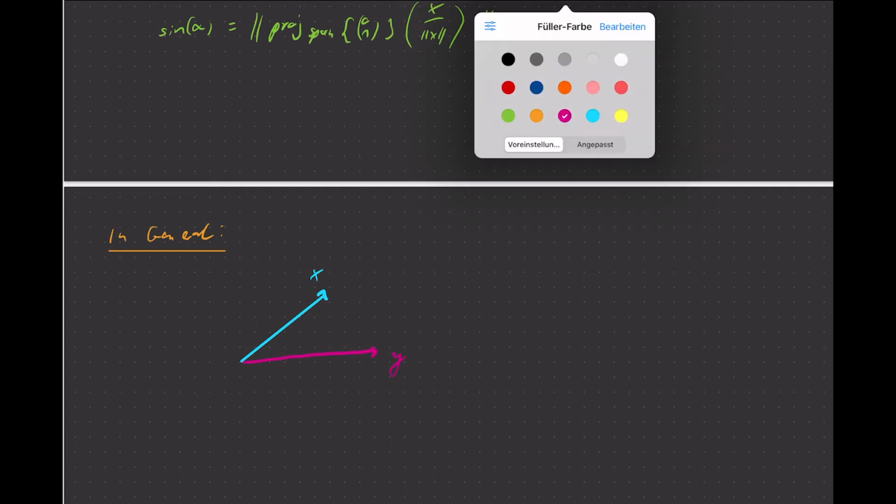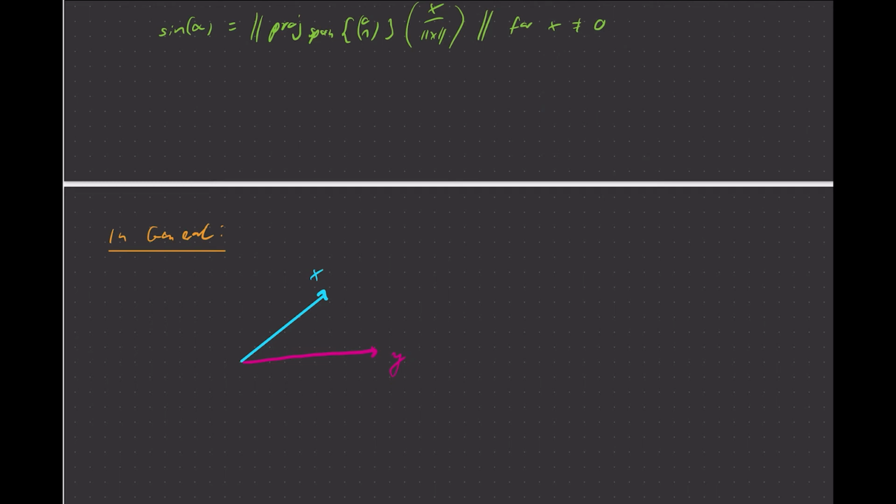And we can compute the projection of x onto y, of course. And to do that, we have a look at this line here. So we need a right angle here. And then this line here, this is the projection. All right, so what we get here is the projection of x onto the space spanned by y.